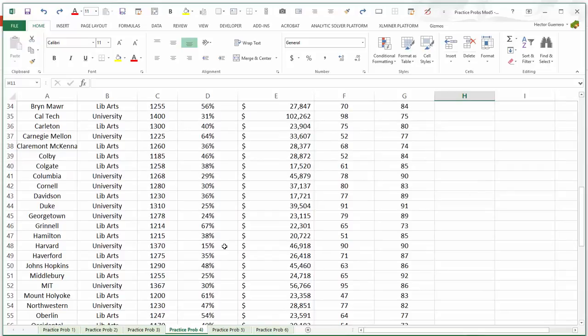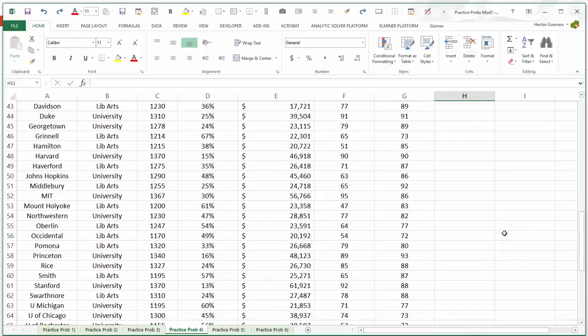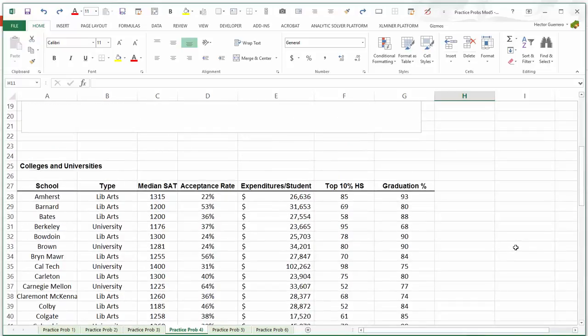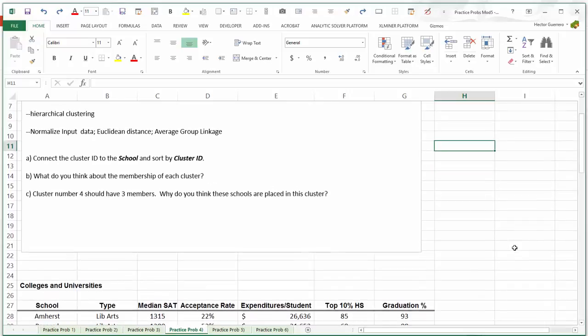Harvard's is 15%, a very exclusive school with a very high median SAT. Even more exclusive is Stanford. They have the same median SAT, and more kids try to get in and are rejected. I think Harvard is a larger school than Stanford, by the way. I'm not sure of that. So let's do our analysis and see what this is going to look like.